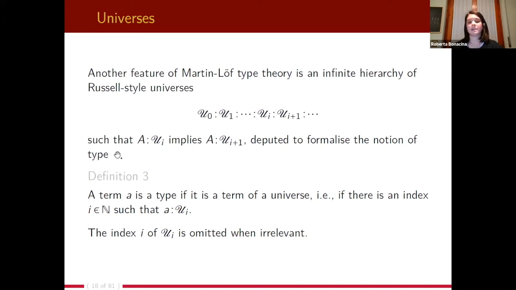Actually, this construction formalizes the notion of type. And we say that a term is a type if it is a term of a certain universe. Now, universes are indexed, but we will not always write the index, only when it is relevant.